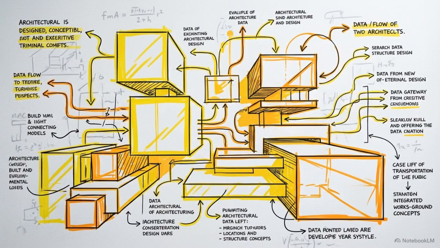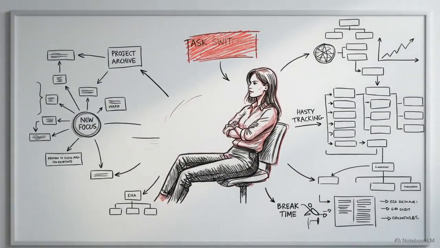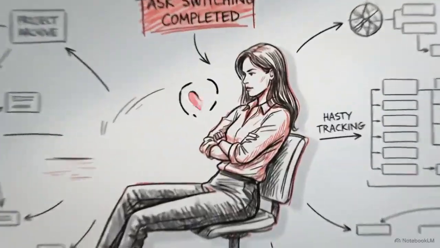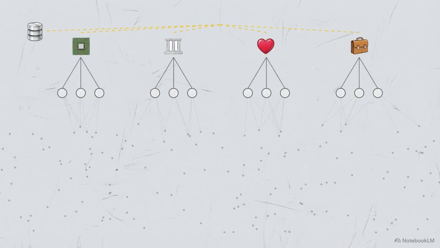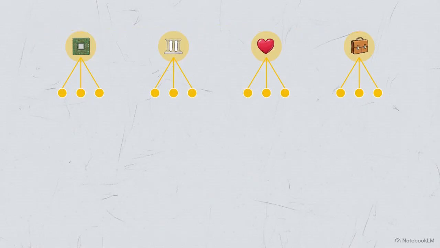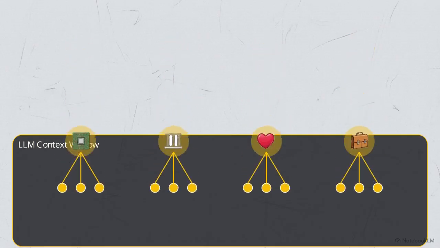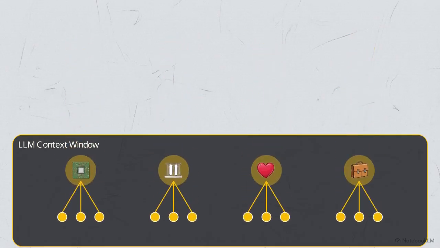The second cognitive state is task switching. This activates when a user finishes a session or starts a new day and needs to know what to do next. Looking at the updated graph, the retrieval logic flips to shallow and broad. The top layer of the entire graph illuminates, grabbing only the level 1 and level 2 macro headings across every domain simultaneously. These high-level nodes slide into the context window, giving the LLM a bird's-eye view of all the user's active life categories.